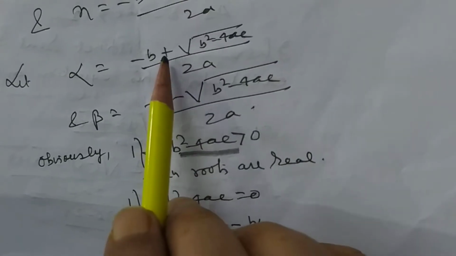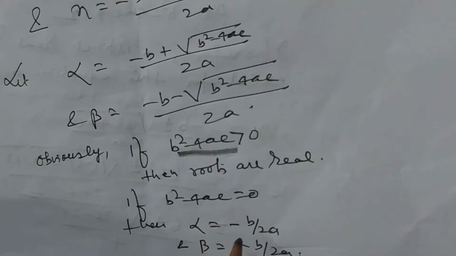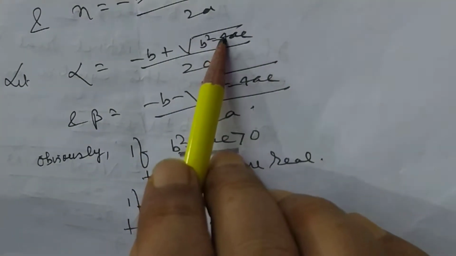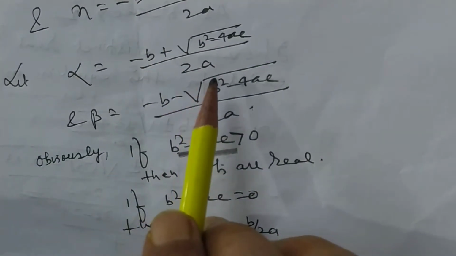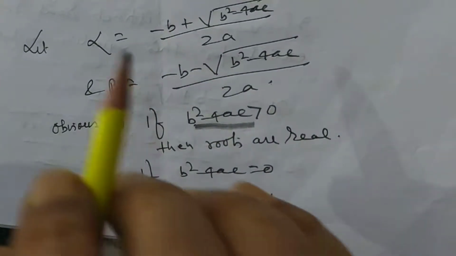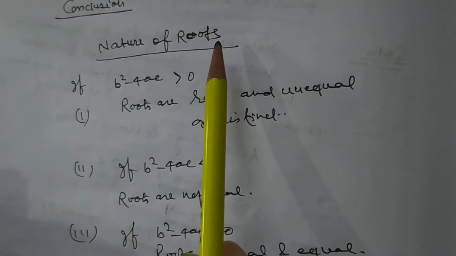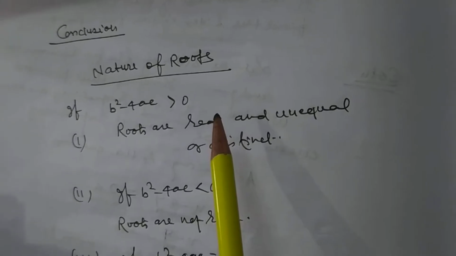Both are real but distinct. Distinct means different. Now, if b square minus 4ac is equal to 0, then both roots are equal, and it will be minus b by 2a. And when b square minus 4ac is less than 0, then there will be no real root, that is, imaginary roots.